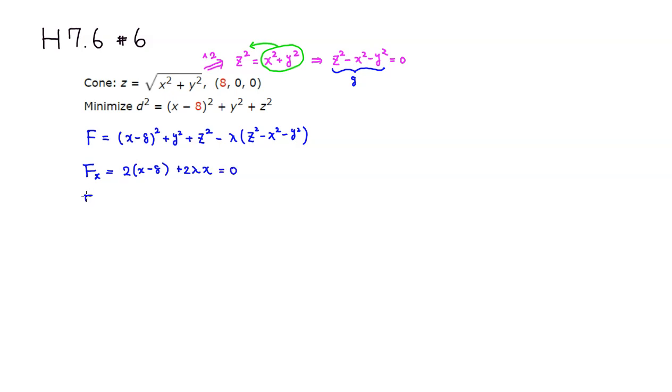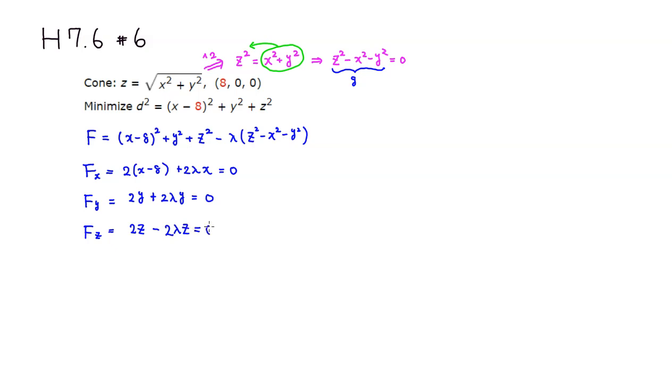Then the partial with respect to y would be 2y minus lambda, and the partial of that would be negative 2y, set equal to 0. The partial with respect to z would be 2z minus lambda, and the partial of that is 2z.